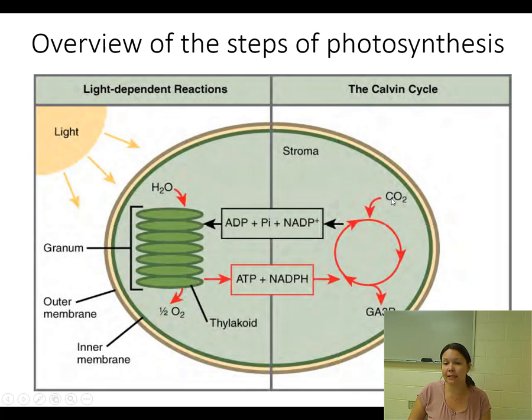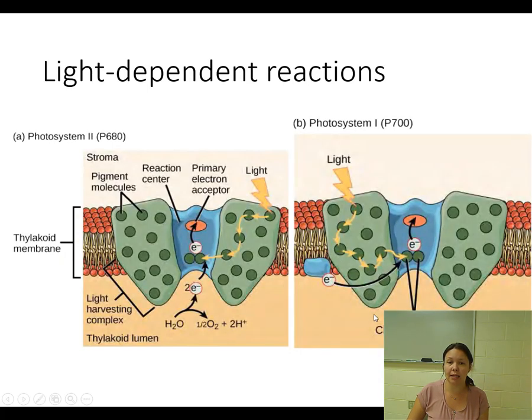And what is basically used from CO2 is the carbon. Carbon is used as a backbone to make the glucose because glucose is a series of carbons strung together. So the process of taking carbon from CO2 is called carbon fixation, and that happens in the Calvin cycle. So essentially, that's all of photosynthesis. You're using some of that carbon in stage 2 to generate your glucose. Again, there are no numbers in this process.